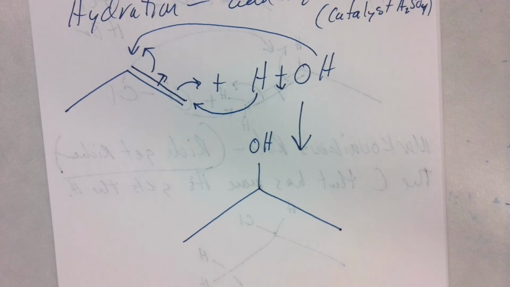I think they're the only two. Yeah, I think they're the only two they look at. I'll have to go back over the test again and make sure, because those questions are kind of spread out. But I'm pretty sure they're the only two they worry about: palladium for hydrogenation and sulfuric acid, H2SO4, for hydration.